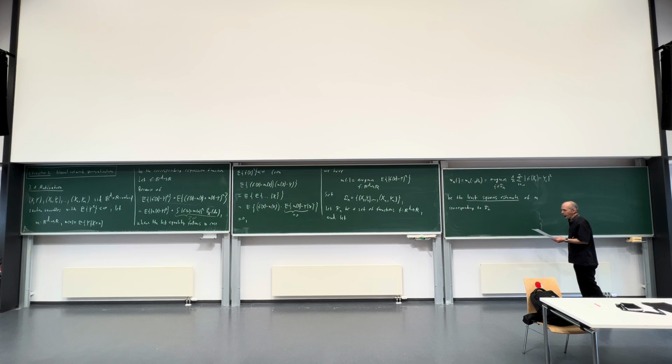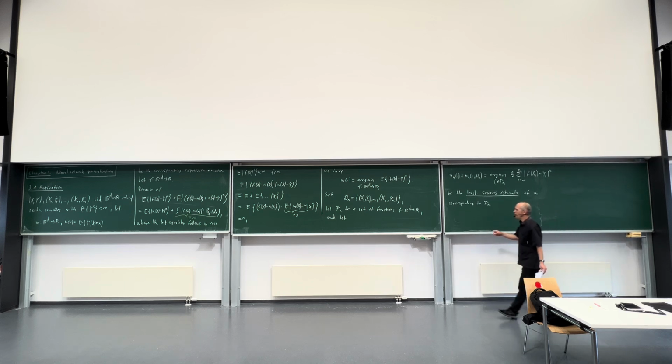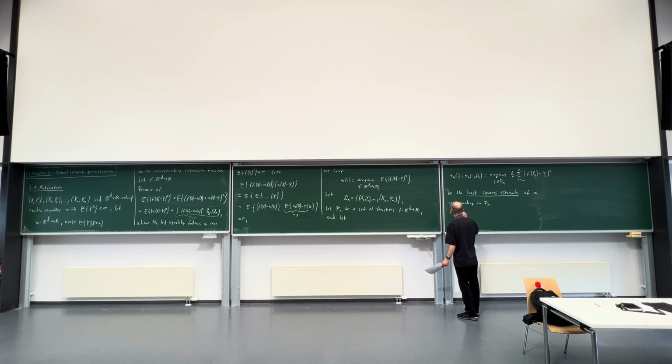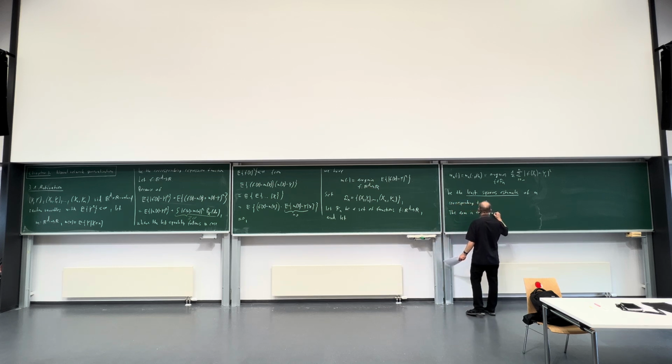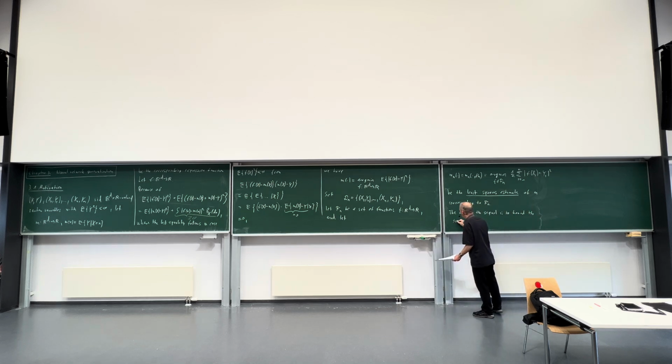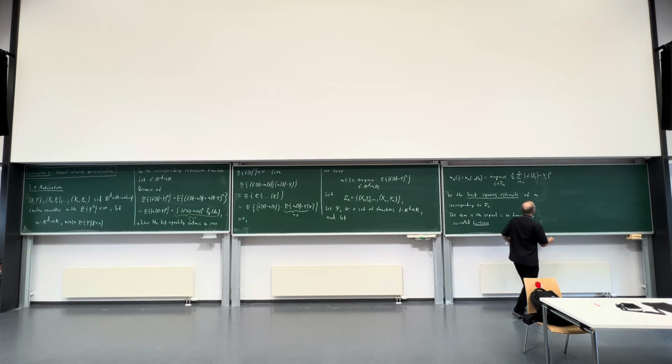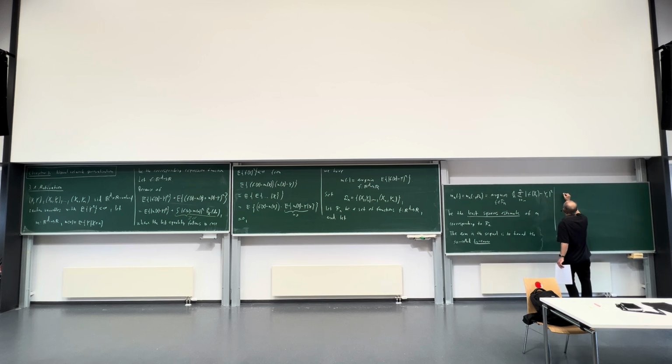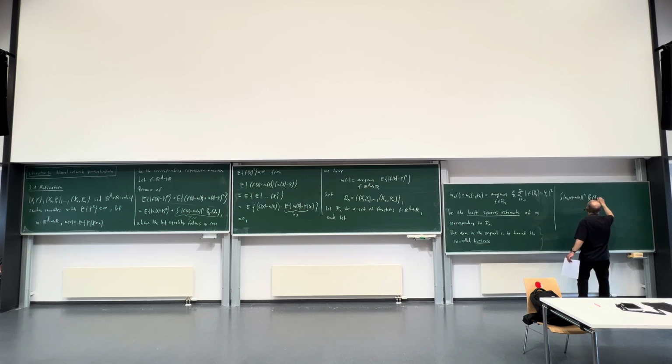Okay, the aim in the sequel will be to bound the so-called L2 error. And that's just the integral of (mn(x) minus m(x)) squared dx.